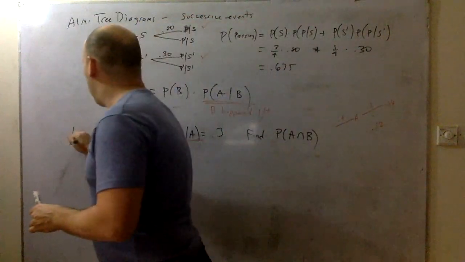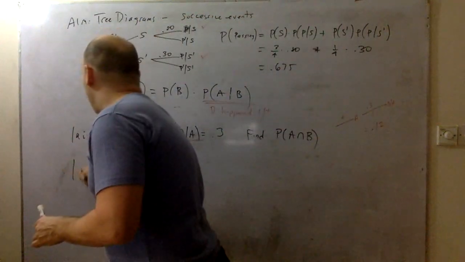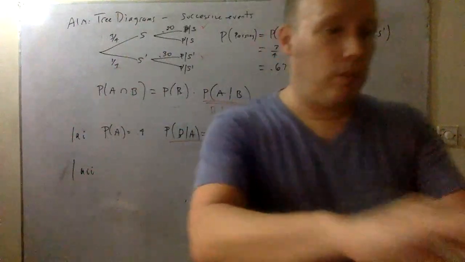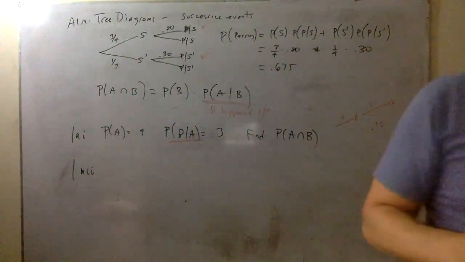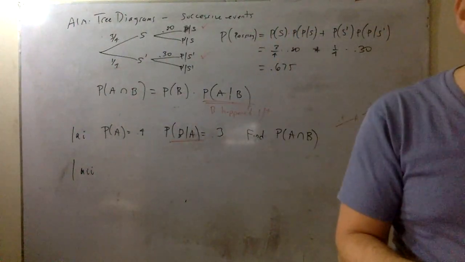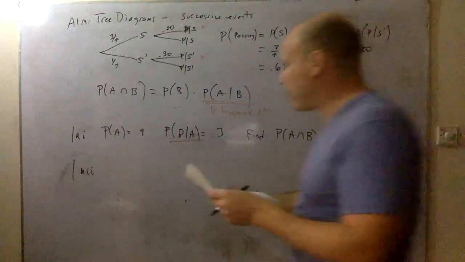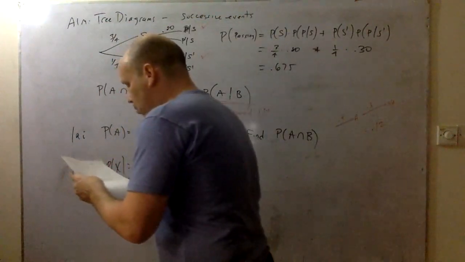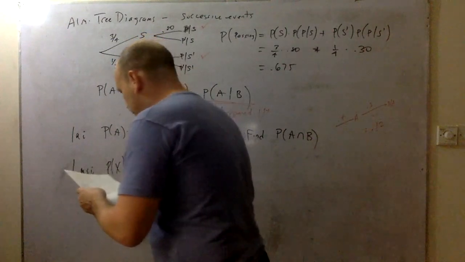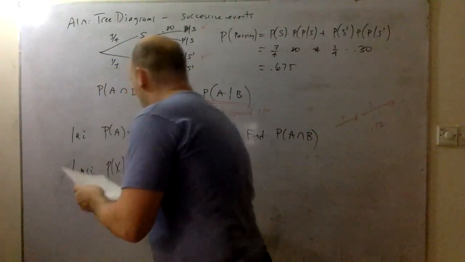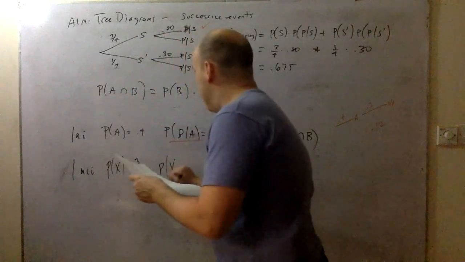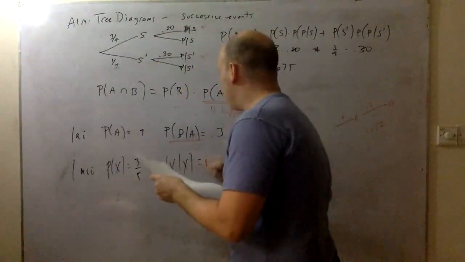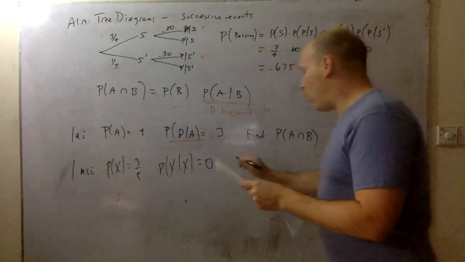So this is 1A1. Let's look at 1A2. They say it's the same problem. The probability of X is equal to 3/5, and the probability of Y given X is equal to 0.